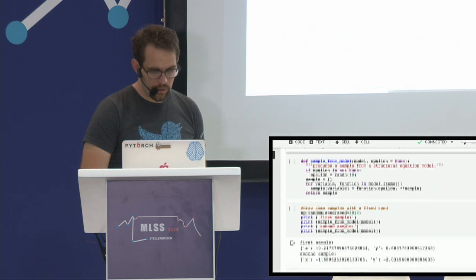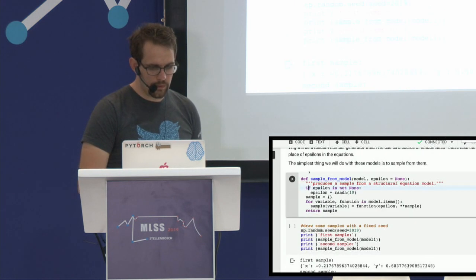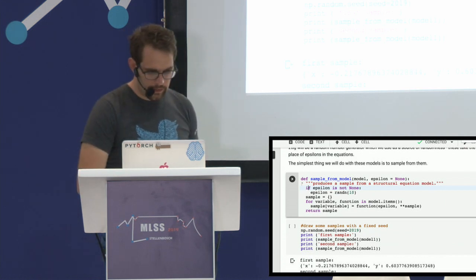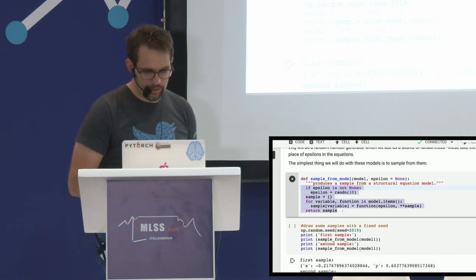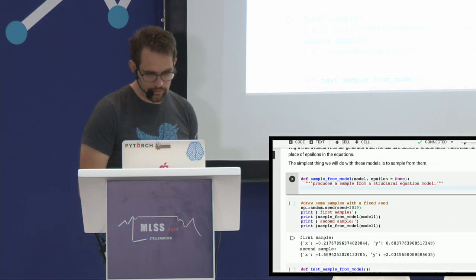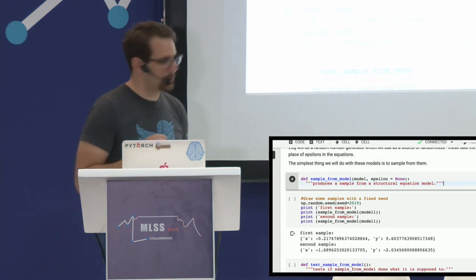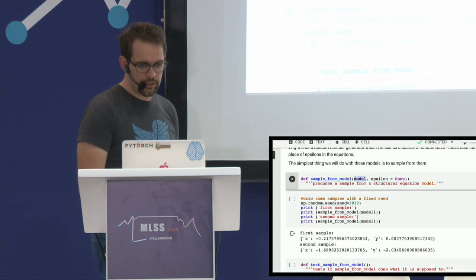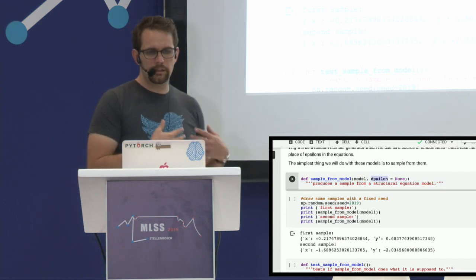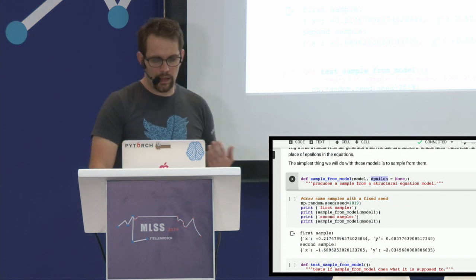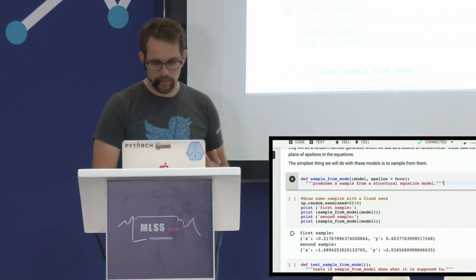Okay, so one of the things that I can do is sample from a model, and I'm going to just delete all of this. Risk it. Okay, so I'm going to delete all of this and rewrite it. This is a function that takes a model in this ordered dictionary representation and potentially takes an already instantiated value of the noise and produces a sample from the model.